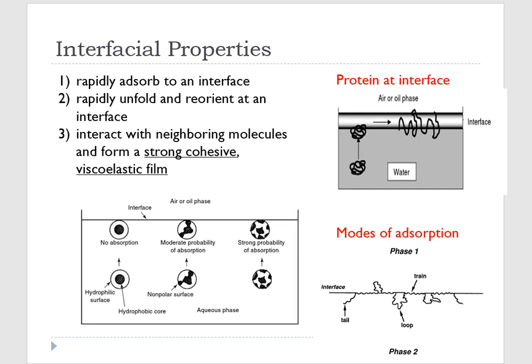Here you see the modes of adsorption of protein at the interface. So there are three distinct configurations: trains, loops, and tails.